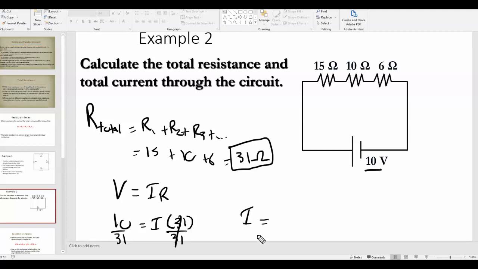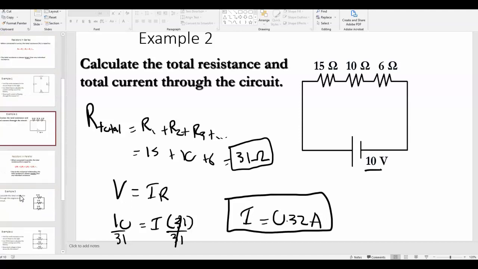And so in my calculator, I'm going to do 10 divided by 31. And 10 divided by 31 is 0.32 amperes. So that is it for example 2. Hopefully that is the answer that you got. Pause there if you need to look at that some more.